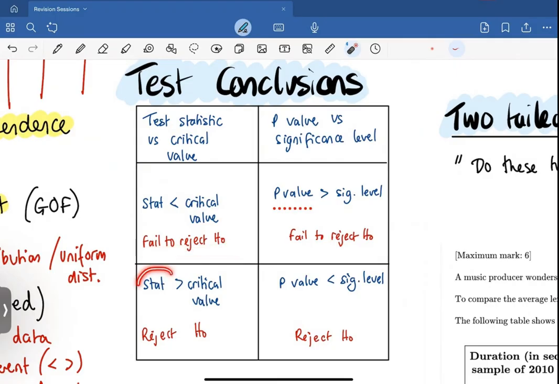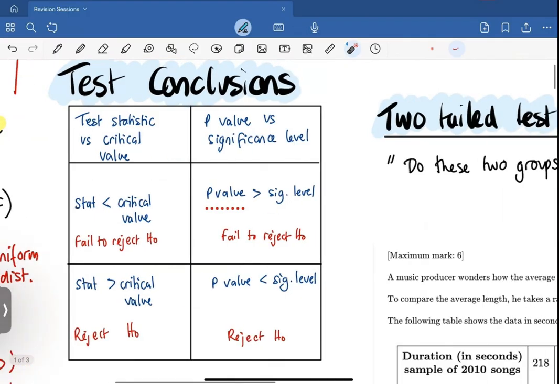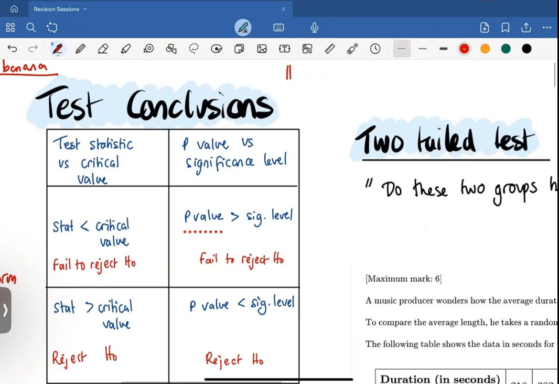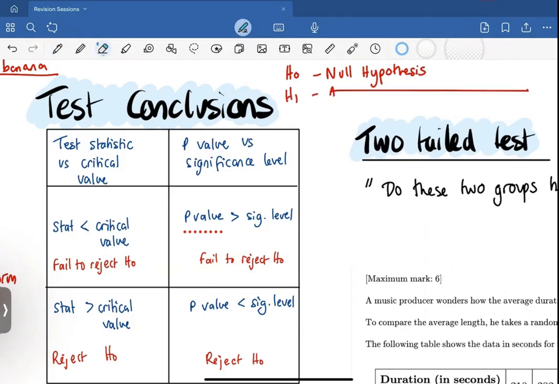And if our test statistic is bigger than the critical value, then we have to reject our H0, our null hypothesis. I better write that down quickly. So we have H0, what's called our null hypothesis, and you're expected to know the names of these things for your exam. And then H1, the alternative hypothesis.